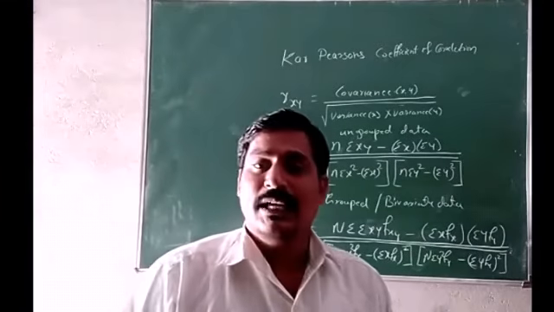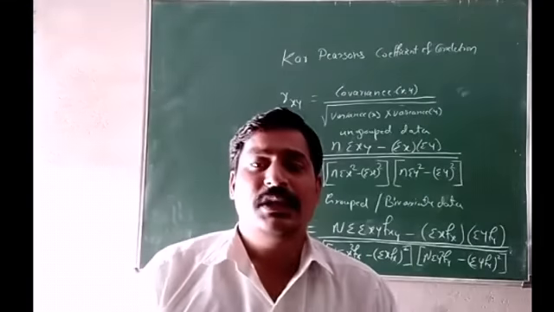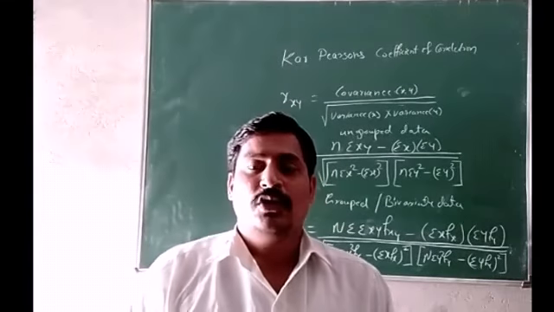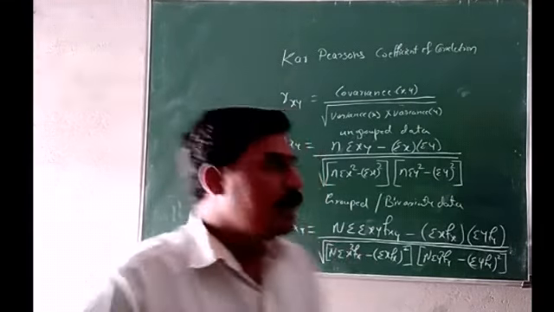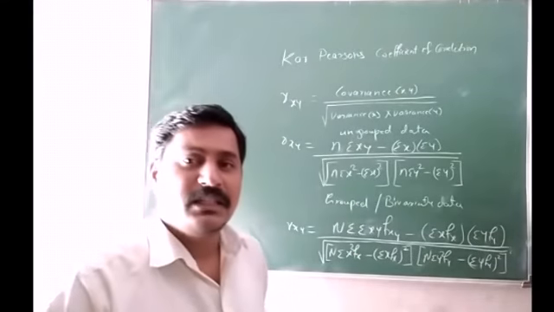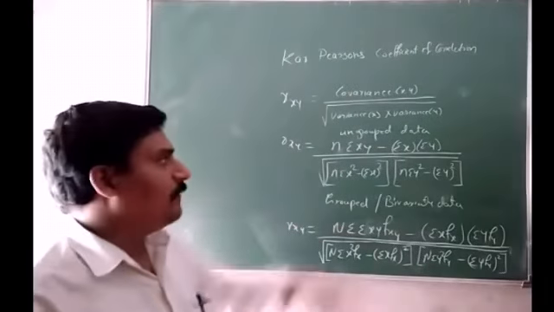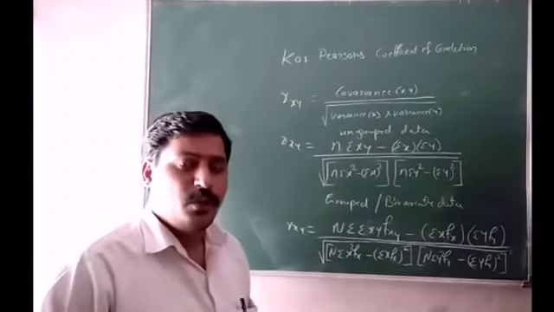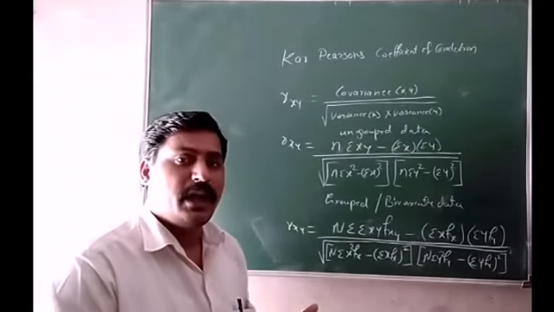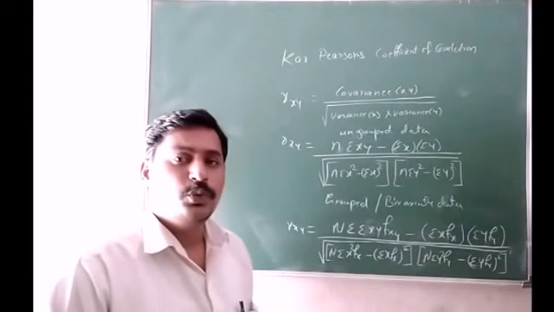So we say again that Karl Pearson's coefficient of correlation is independent of change of scale. So by using this property, we use the formula by changing scale and origin both. Then in our formula, instead of x and y, we put u and v, by changing both origin and scale. So here also, instead of xy, we use uv.